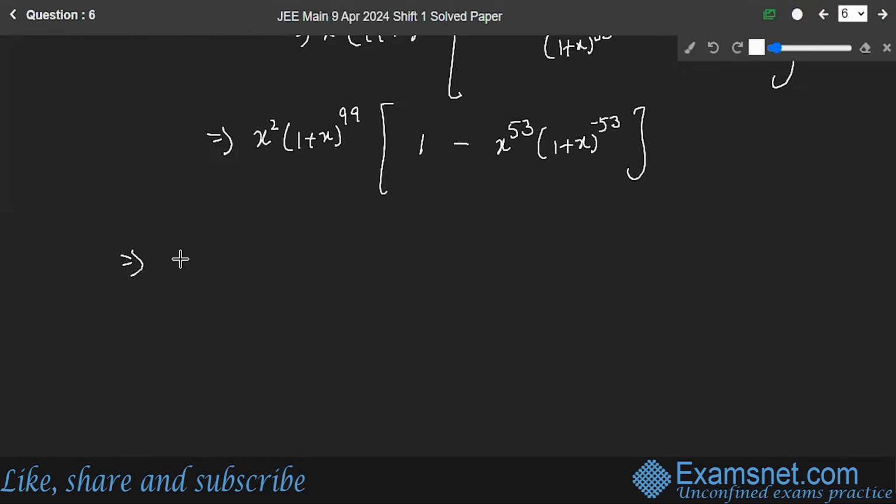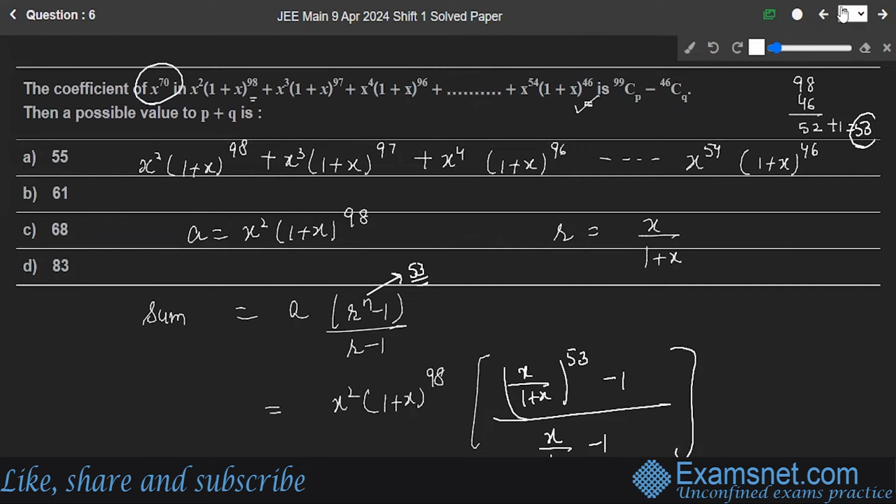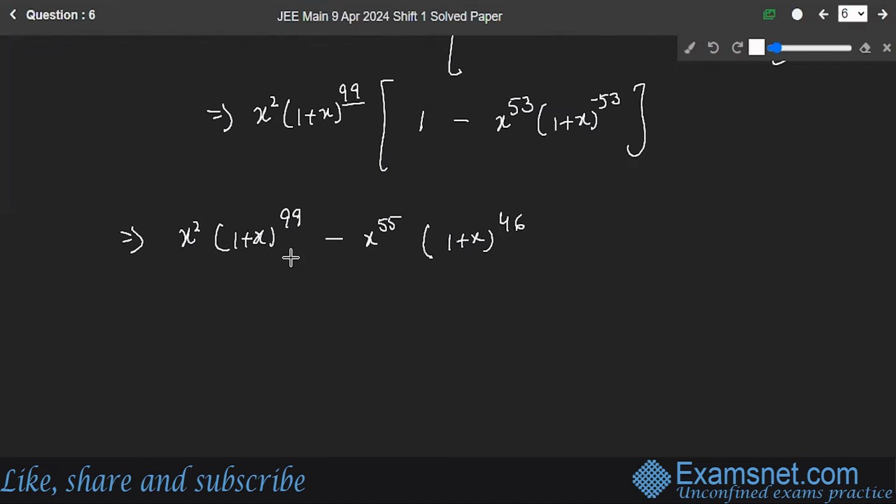Let's open up the brackets. x squared (1 plus x)^99 minus this will be x^55 and (1 plus x)^(99 minus 53). This is equal to 46. Now what you want in the question, according to the question, is the coefficient of x^70.